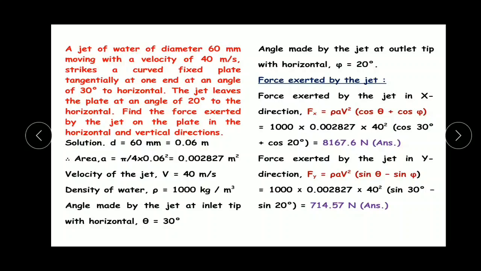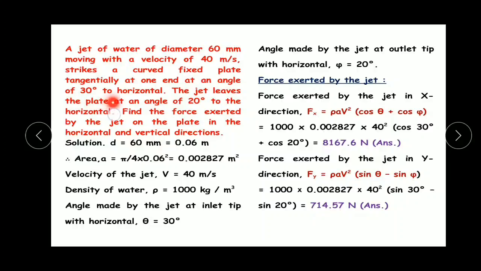Right, see the question. A jet of water of diameter 60 mm moving with a velocity of 40 meter per second strikes a curved fixed plate tangentially at one end at an angle of 30 degrees.